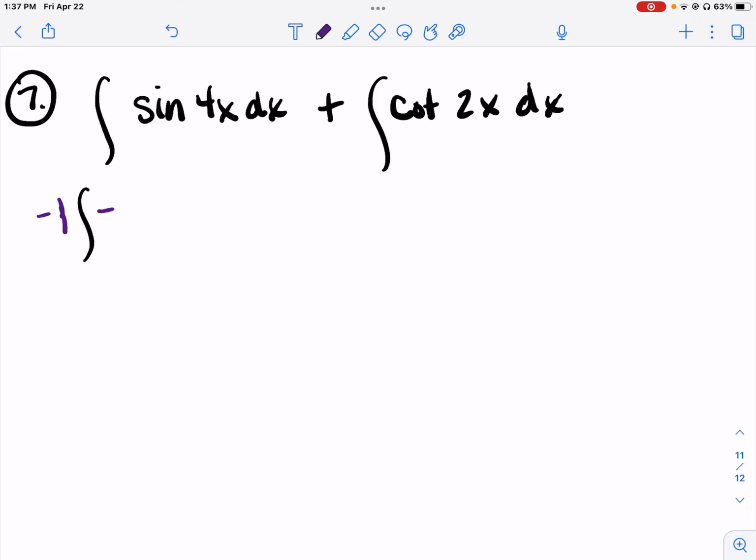But you also have to take the derivative of the 4x, so we need a 4.